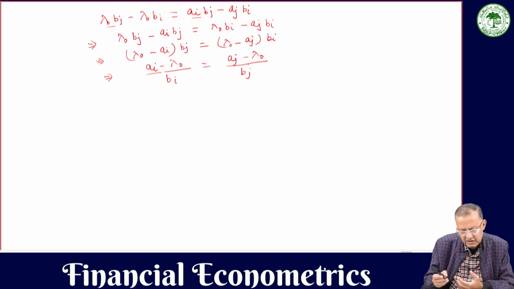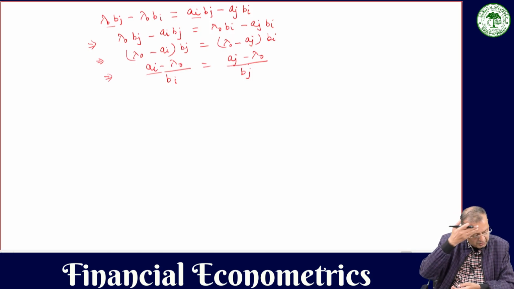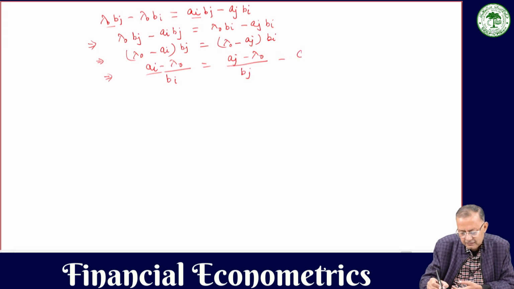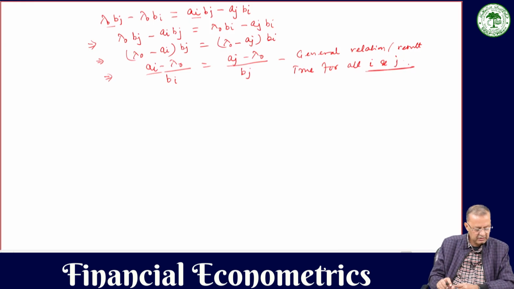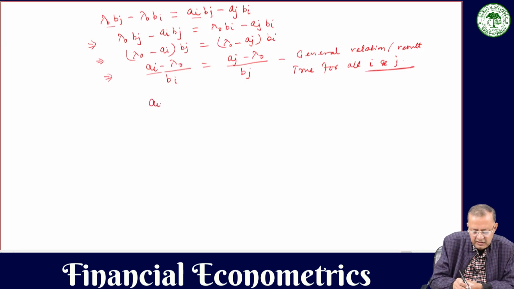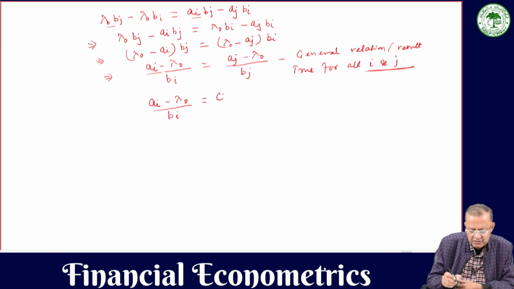This is the general relation, the general result, that must hold true for all I and for all J. Clear? Now let us suppose this AI minus lambda 0 upon BI is equal to C.